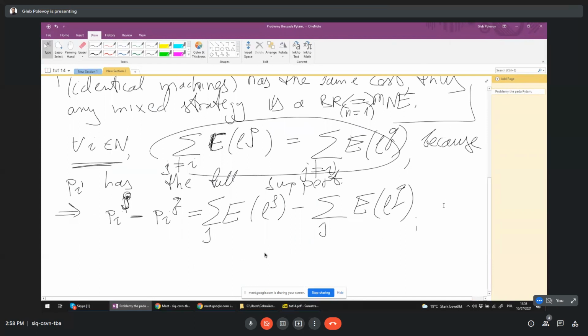Again, for any player, it has a full support. It means that the other players create the same load on all the machines. So if I look at the expectations of the other players, J's which are not equal to I, for any rho and Q, this is exactly the same. For any rho and Q, which are machines 1 to M. Do you understand that part?